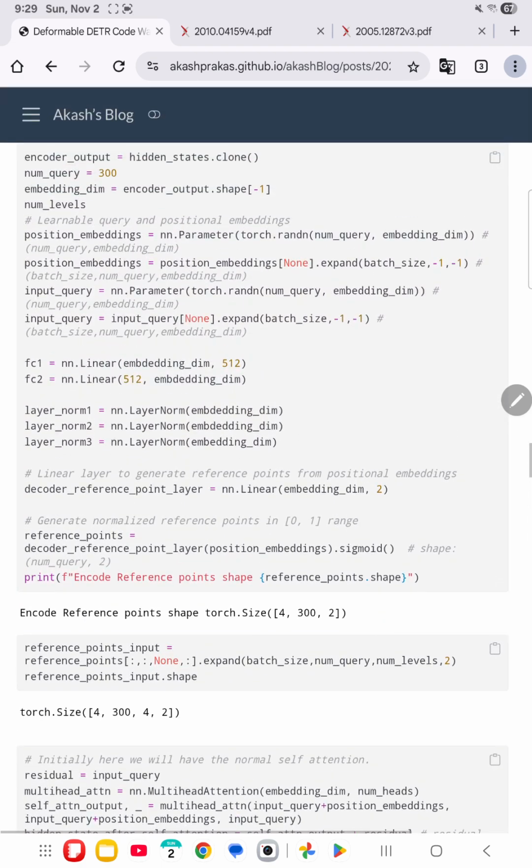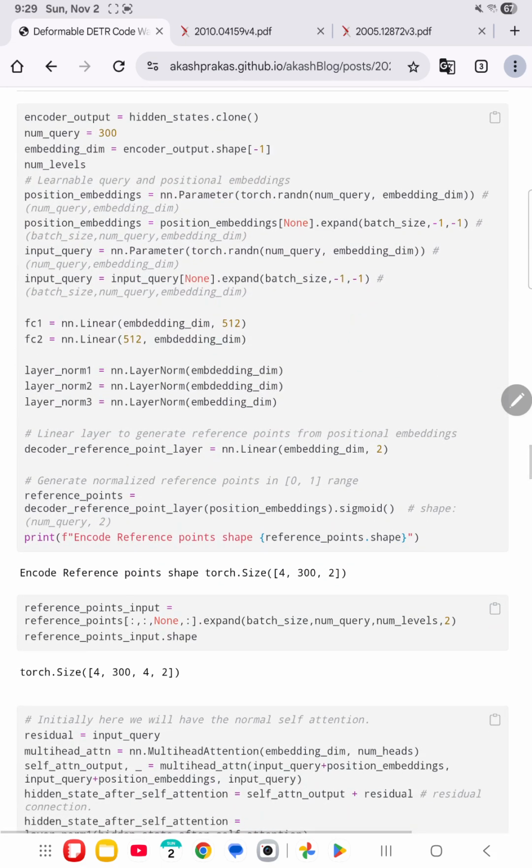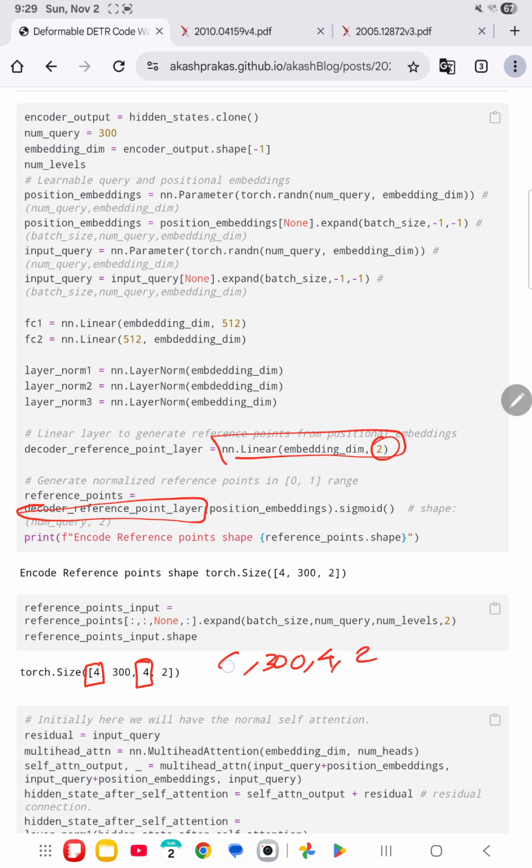So what we do is we have a feed forward neural network that predicts the two embeddings that we need to use. If you look here, we have a decoder reference point layer. It's a similar layer that produces two dimensions, and then we have to expand it along the batch and along the channel. So this will be the reference point for each of the queries.